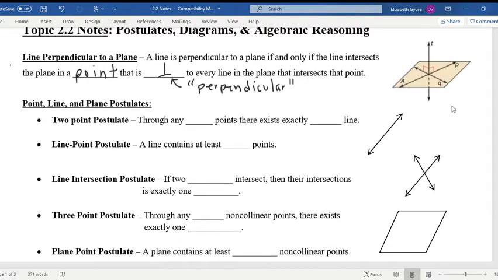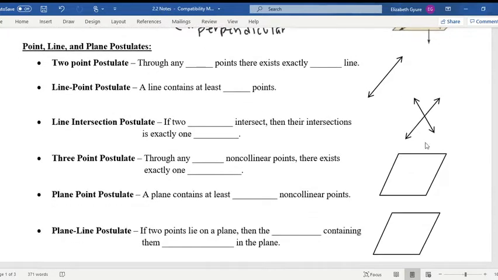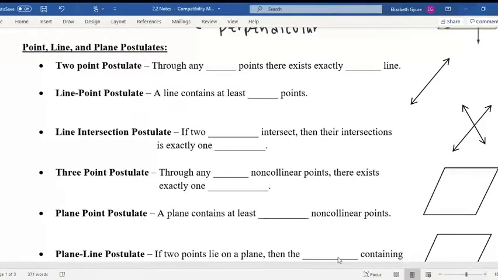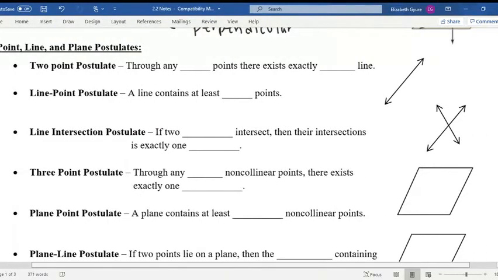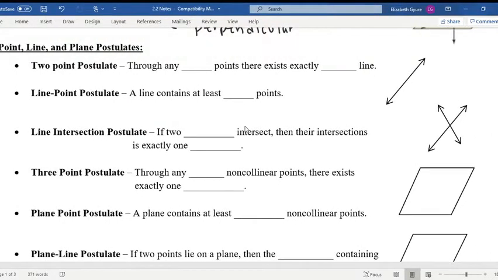So a few postulates to look at that deal with points, lines, and planes. Again, nothing here is new, just kind of phrasing it in terms of a postulate. So a postulate, remember, is a statement that is accepted without proof. We just know that it's a fact.